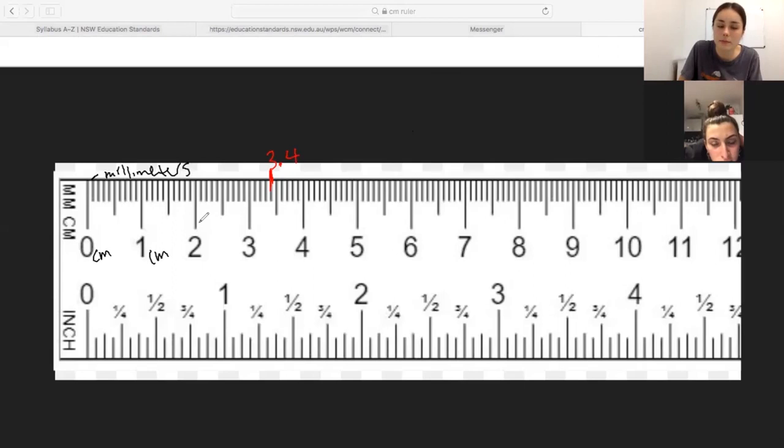Is that cool? Yeah. Each millimeter is like 0.1 centimeters. So 0.1 times a half is just 0.05. But yeah, it's just finding the smallest unit of measurement and halving it for absolute error. Yeah.